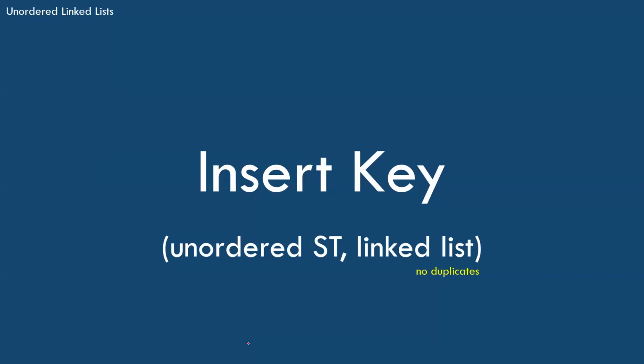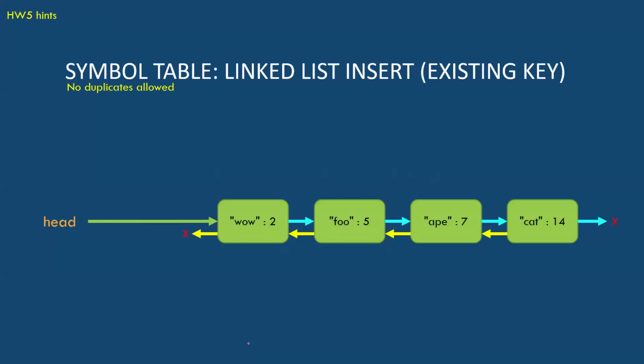And all of these things are things you're going to ultimately end up using in some way in your homework file. So let's take a look at the insert operation for a doubly linked list. So we've got a head pointer and we've got something that we want to insert. And let's say it's an existing key. If it turns out that it's an existing key, it's our easiest situation.